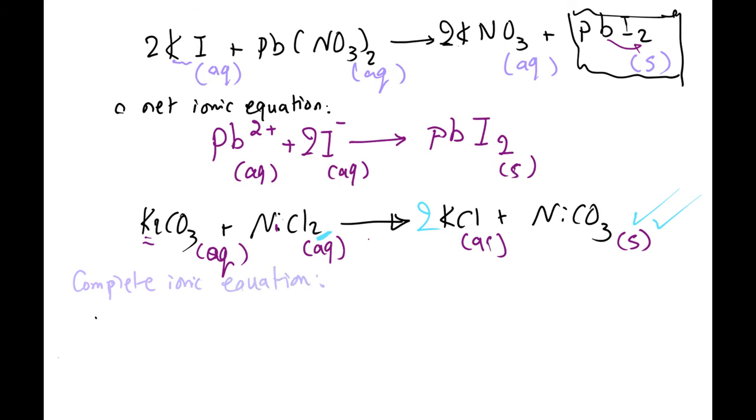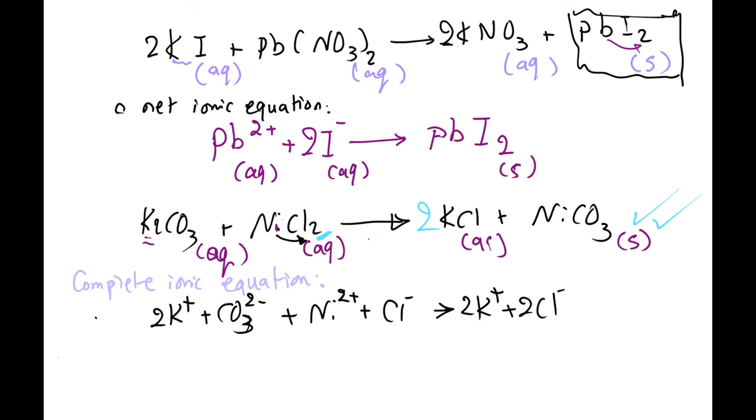Complete ionic equation. K2, I am going to write 2K plus CO3 plus nickel. How to know the valency of nickel? It's a transition metal. You will get its valency from here. 2 plus Cl, give 2K plus 2Cl plus nickel carbonate.